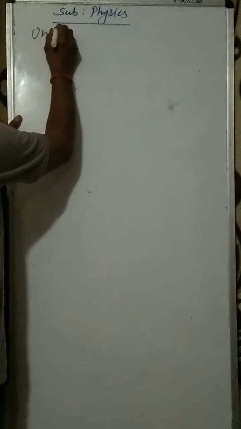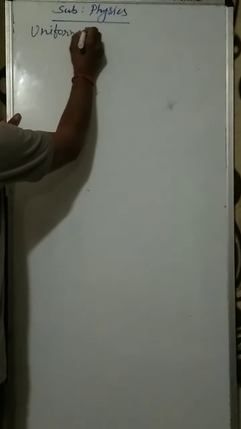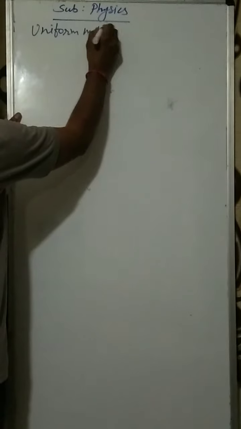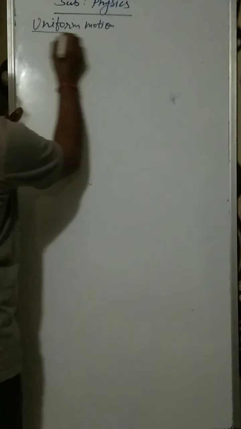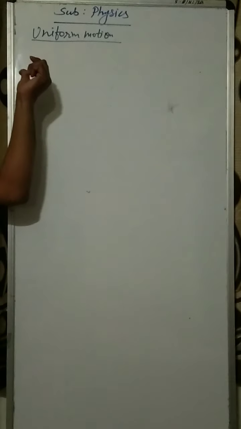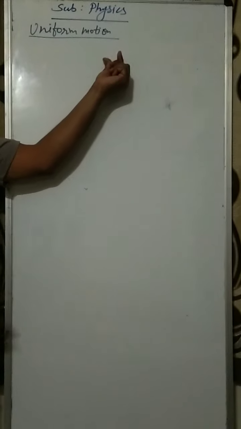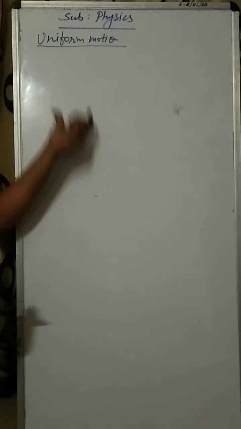Uniform and non-uniform motion. Uniform motion, uniform means similar. The type of motion in which an object travels equal distances in equal intervals of time is said to be uniform motion.